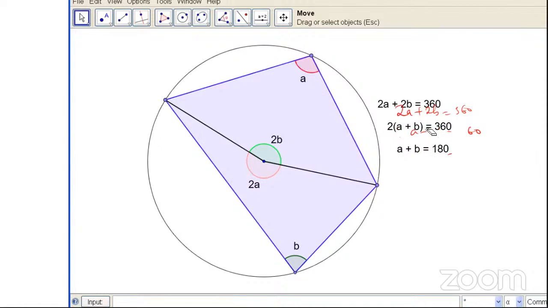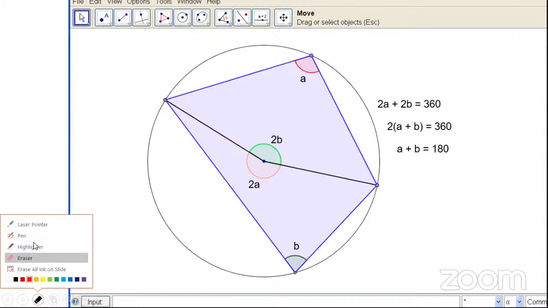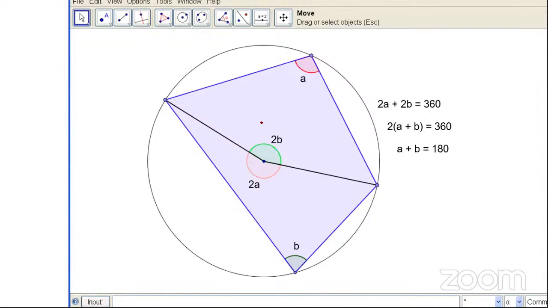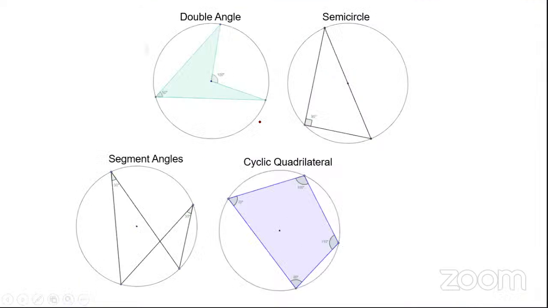So that's how we have got it. It's just a kind of numerical proof to that theorem. All right, so that is the major theorem that we want to look at today. So what we have done so far: we have looked at double angle, we have looked at the theorem on semicircle, we have looked at the theorem on segments and angles, and we have also looked at the theorem on cyclic quadrilateral.